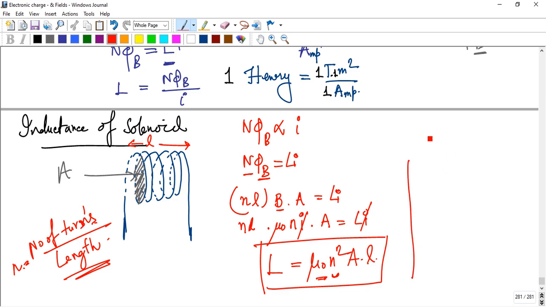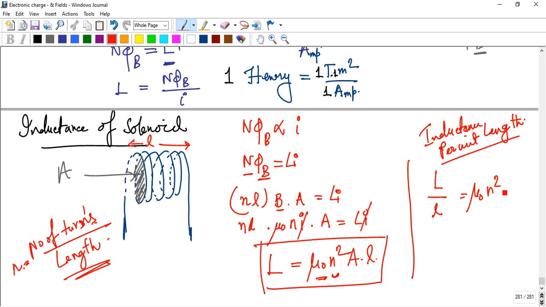If someone asks for the inductance per unit length, that is capital L by small l, equal to mu 0 n square A. That is the inductance per unit length.